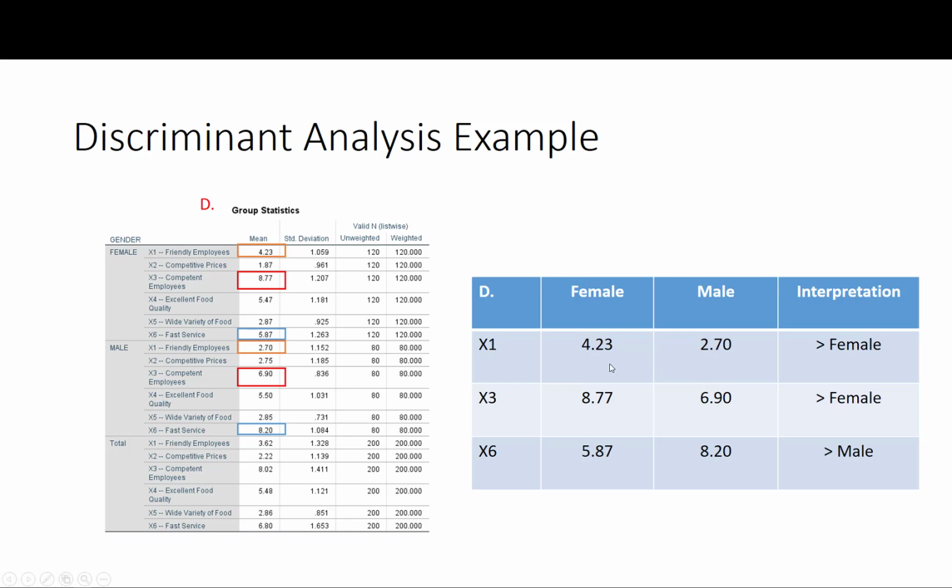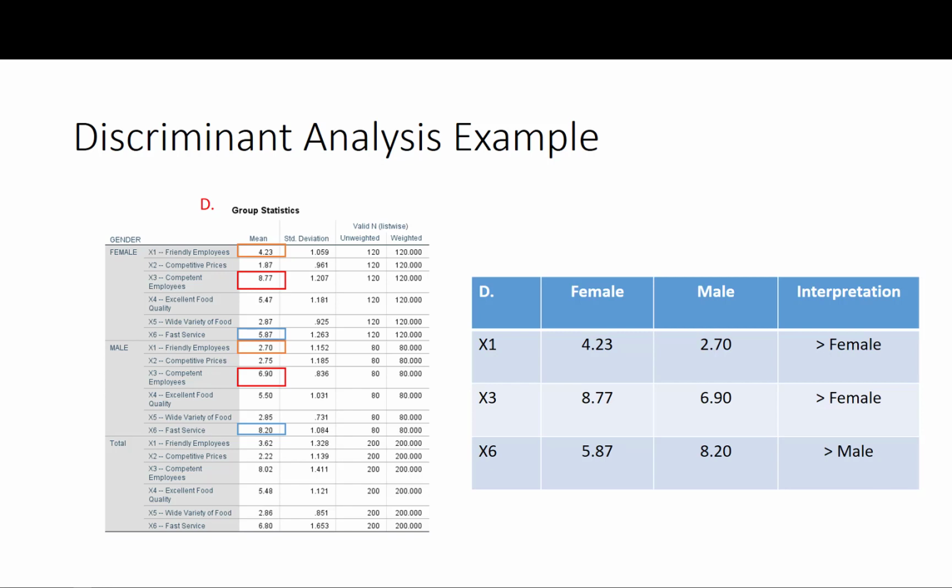So the mean score for males and females on these variables suggests that females have higher scores on friendly employees than males. They have higher scores on competent employees than males, but males have higher scores than females on fast service.